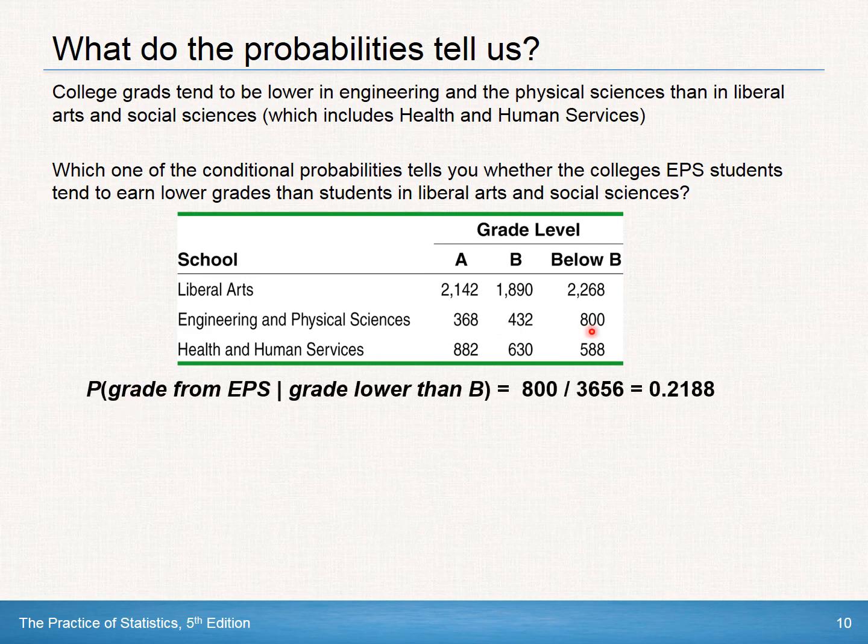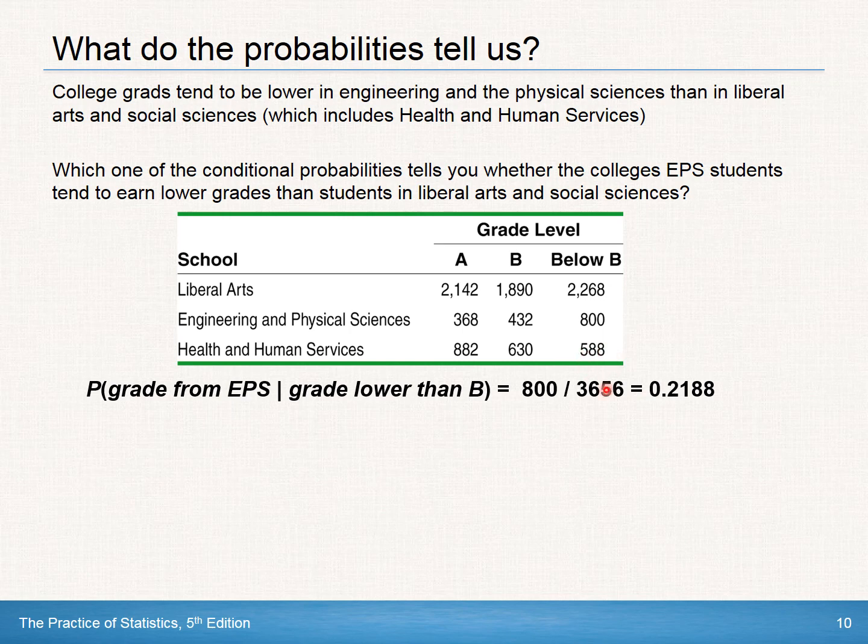Okay, so let's take a look at the grades lower than a B. Let's look at the percentage or the probability of students that are in liberal arts or engineering and physical sciences, given the fact that they have lower than a B. So let's first find the probability that the grade is from engineering given that the grade is lower than a B. Now remember that you should have found the totals.